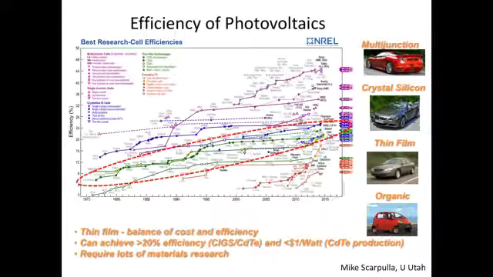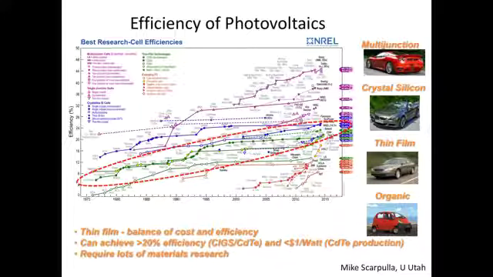Okay, so if we look at this, it's an efficiency table put out by the National Renewable Energy Laboratory, looking at the efficiency of all different types of photovoltaics. I like this comparison to automobiles, and it's a simplified version.